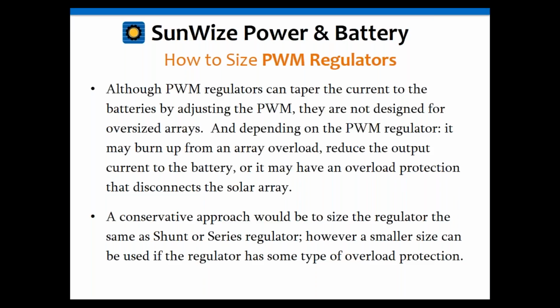They realize they're in an overload situation, and they may just shut down. Either way is not a good situation for your system. If the regulator burns up, that's not good. Things could catch on fire, and most likely your system will go down. And even if that doesn't happen because you have some circuitry that shuts down because of an overload situation, that still means your system's offline, and that means you'll probably lose the load.